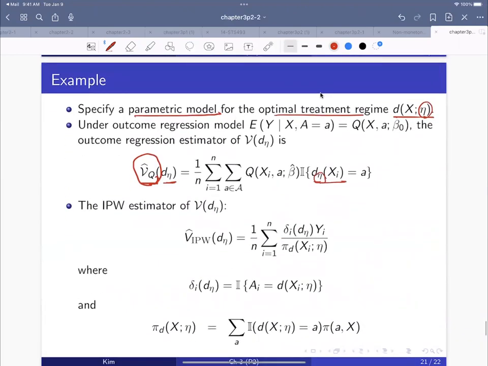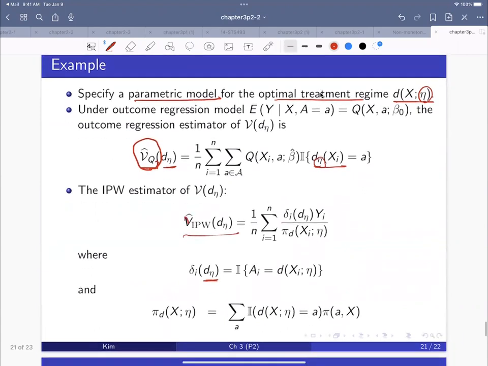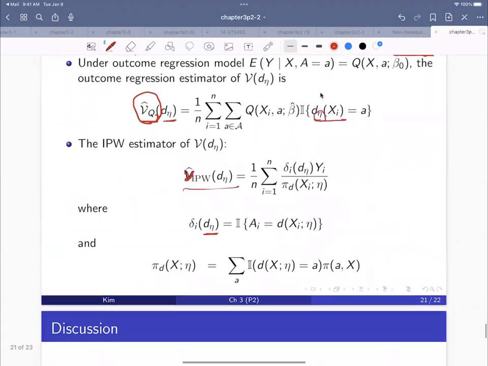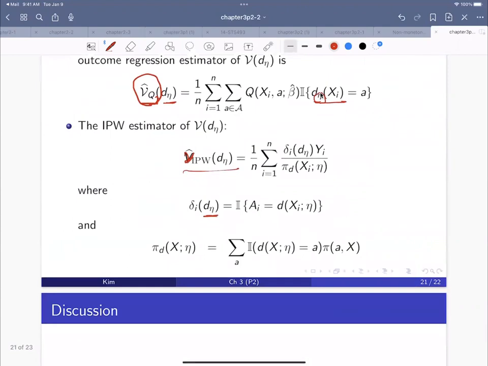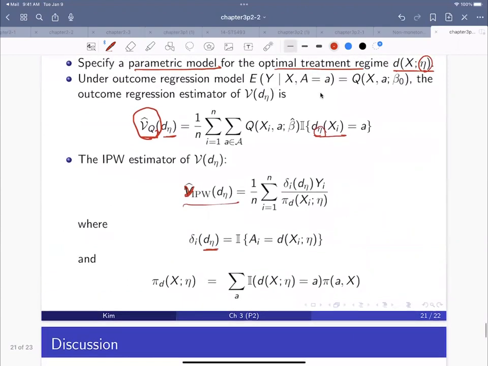In the same way, if you know D, then we can derive the IPW estimator. This should be V. Yeah, a lot of notation. But the concept is essentially the same, right?